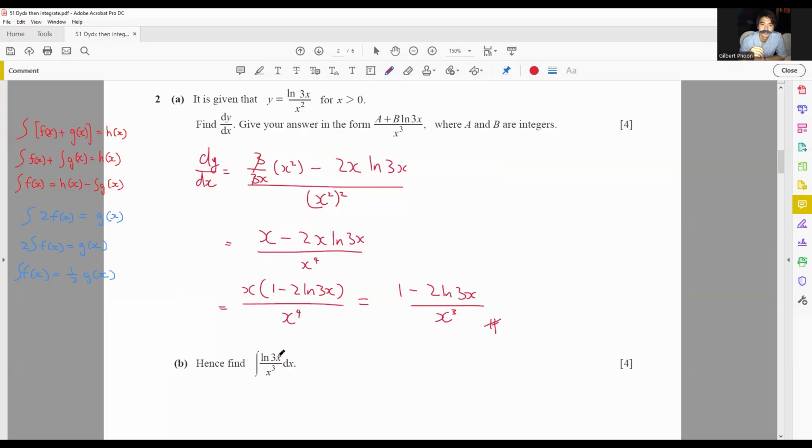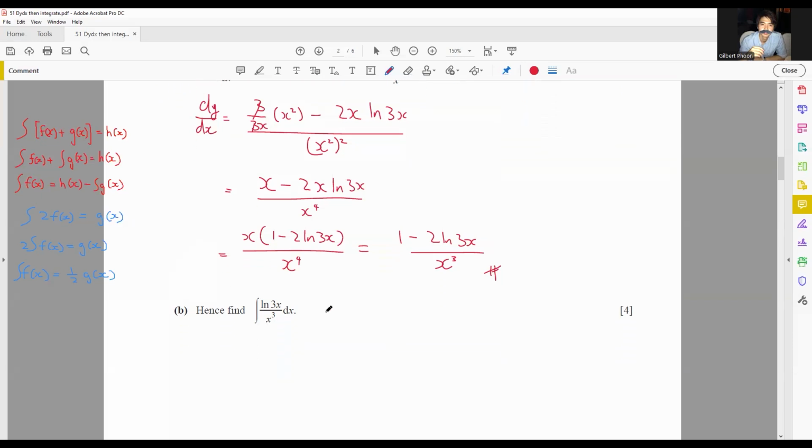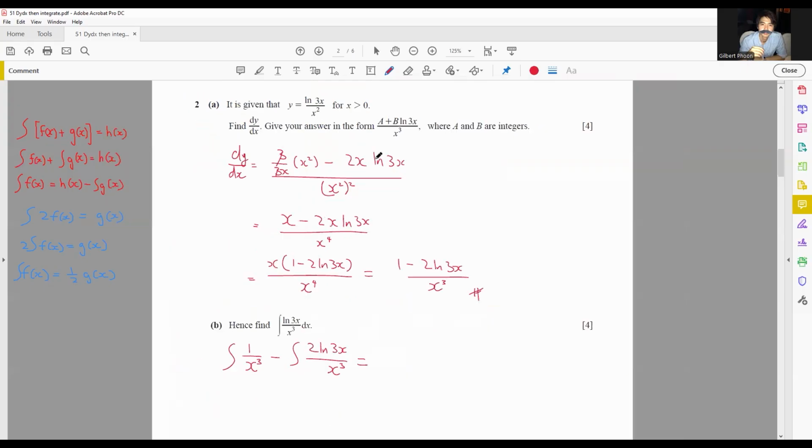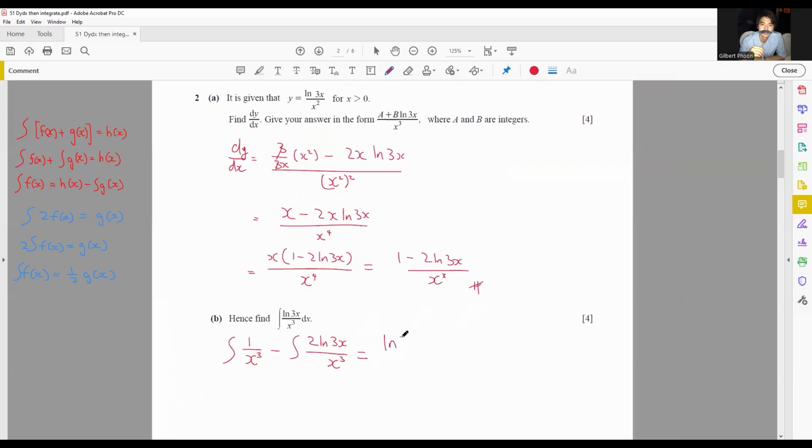Now, the next part is, hence, find the integral of ln 3x over x cubed. In this case here, when it is a fraction, remember that you can actually split the fraction up as long as they share the same denominator. So, starting from here, integrate 1 over x cubed minus the integration of 2 ln 3x over x cubed is actually equal to ln 3x over x squared, right?